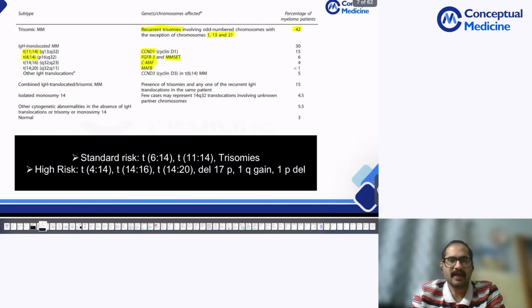All these are high-risk multiple myelomas. When patients harbor these high-risk features, the overall survival will be less than 2 years from the diagnosis. That's why standard risk myeloma has a favorable prognosis beyond 5 years, which is t(6;14), t(11;14), and trisomies. High risk myeloma survival is less than 2 years.